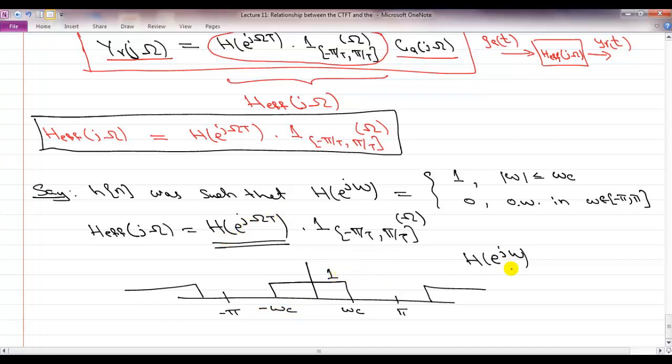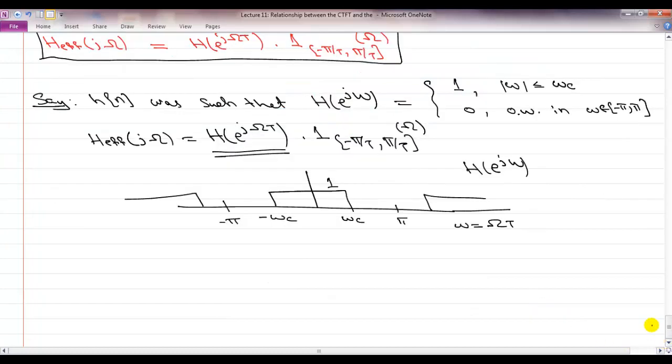What is this saying? That you replace little omega by capital Omega T, which means if you want to derive your equivalent filter, you scale this whole frequency axis by dividing it by T. Okay? So this is your H(e^{jω}).